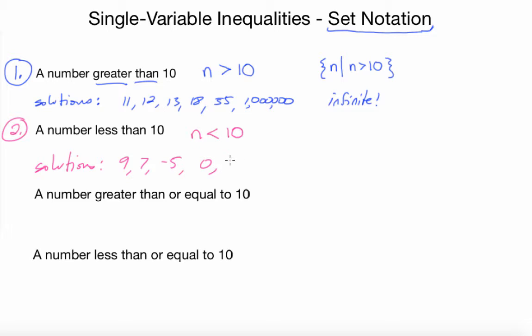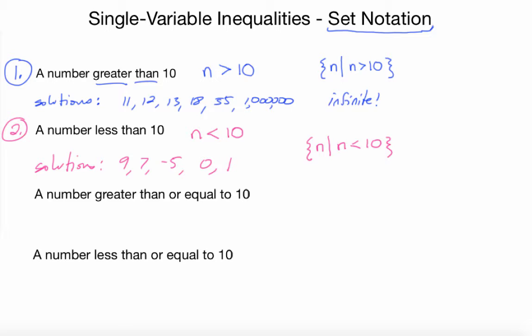Those are all possible solutions. There's an infinite amount of those, so let's write that in set notation. All the solutions are all the numbers n such that n is less than 10. And close off my little bracket there.